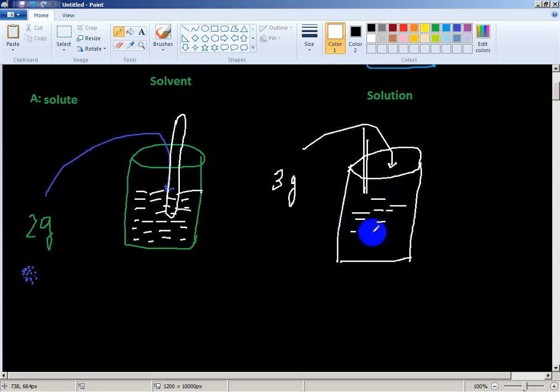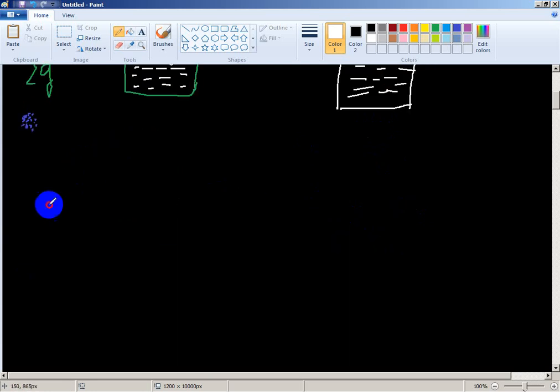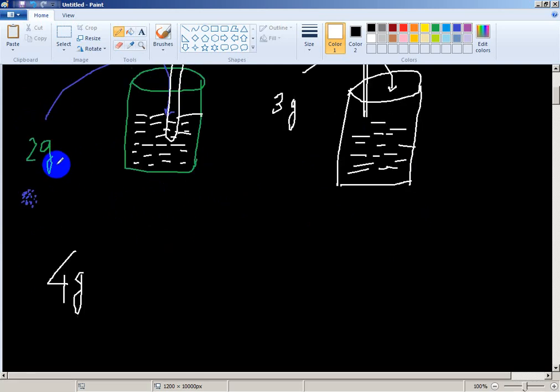Again I add 4 gram. That means this is 2 gram, 3 gram means 1 gram more, then another 1 gram added, it becomes 4 gram.